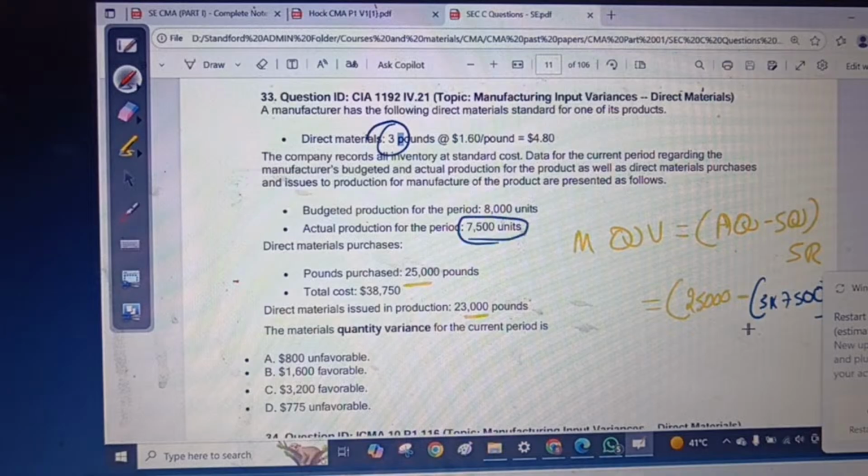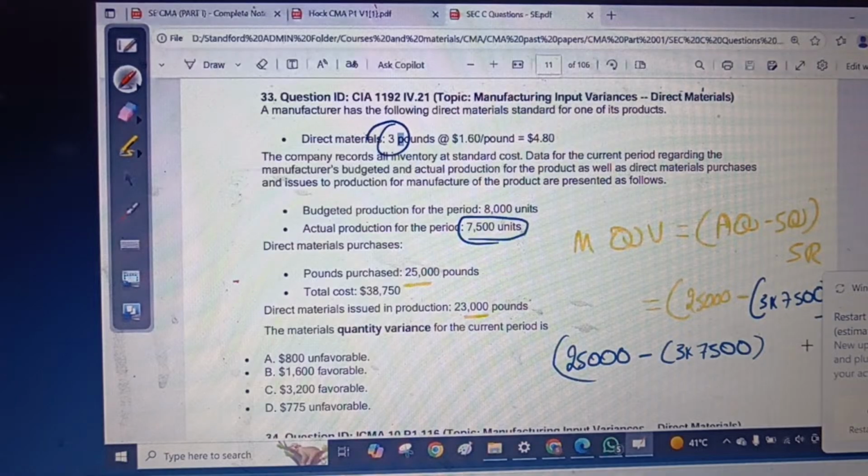So 25,000 minus 3 into 7,500. And what is the standard rate? 1.6. And the answer comes here.